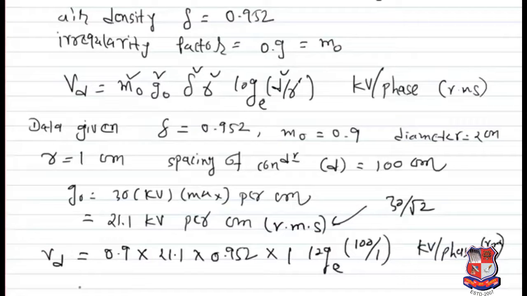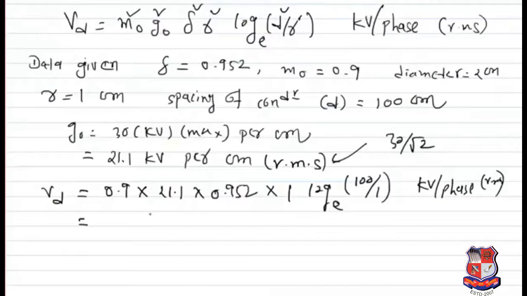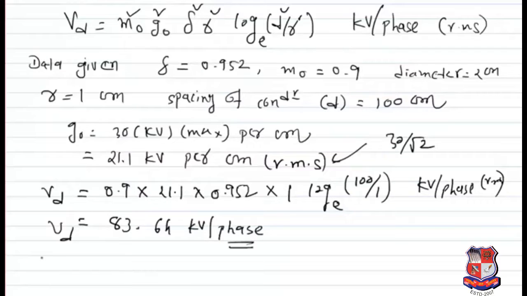Now calculating this, we have the answer. You can verify by yourself, 83.64 kilovolt per phase value. So this is your Vd, but it is the per phase value. So we need the line value.